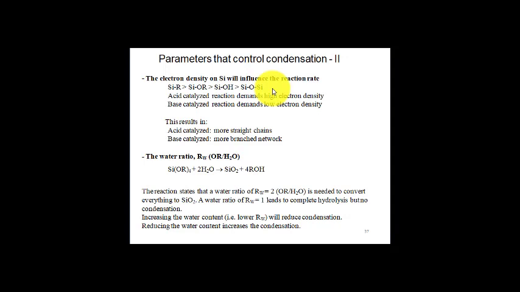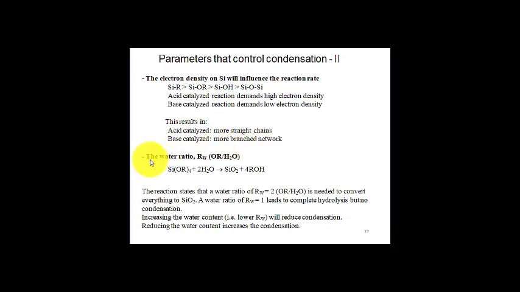Acid catalyzed reaction demands high electron density and base catalyzed reaction demands low electron density because base acts as a nucleophile and it reacts with low electron density positive charge. This results in acid catalyzed more straight chains and in base catalyzed more branched networks.